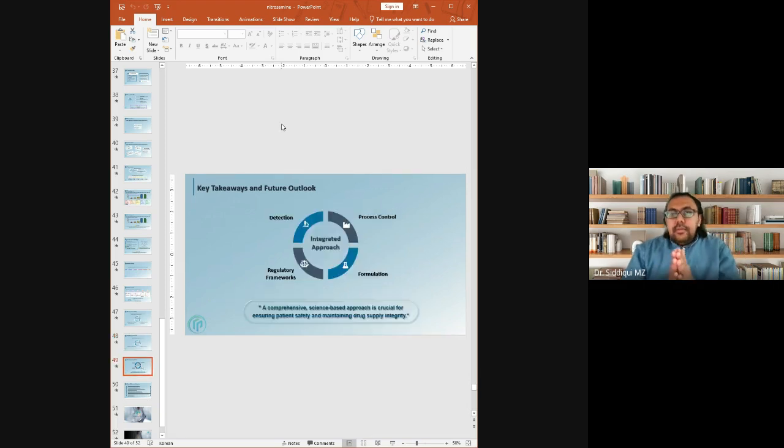So this is the circle in which the integrated approach could be the process control, the formulation, regulatory frameworks, and the detection. The takeaway, or the one quote which we can take from this presentation: the comprehensive science-based approach is crucial for ensuring patient safety and maintaining drug supply integrity.